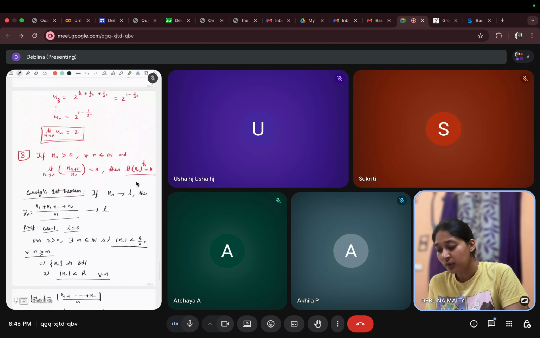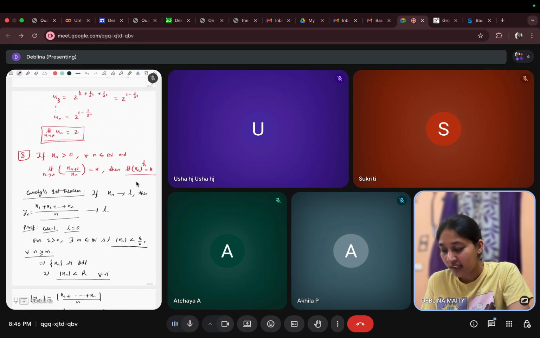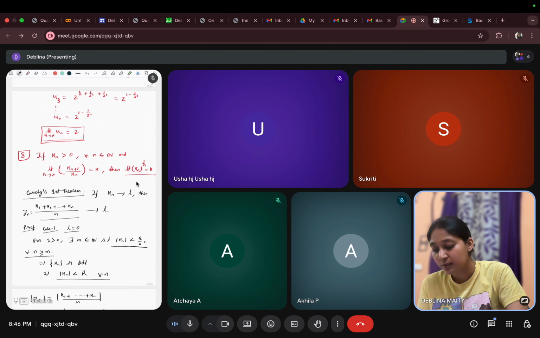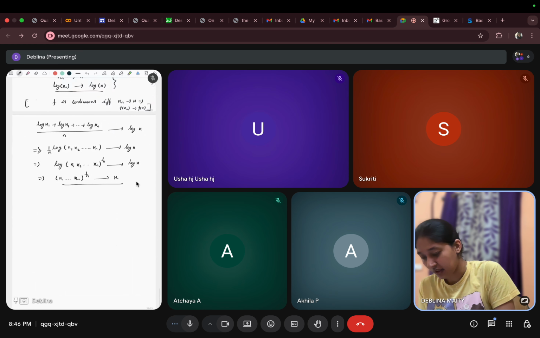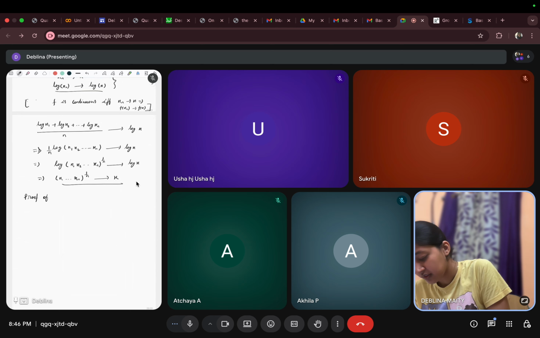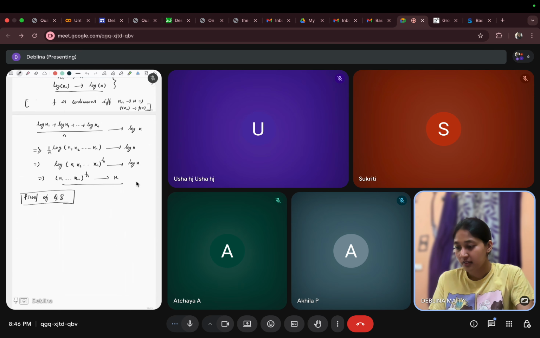Now we'll prove question number 8. Xn is greater than 0 for all n, and the limit of xn plus 1 by xn is x. Then we have to prove that the limit of xn to the power 1 by n is x. So, proof of question number 8.